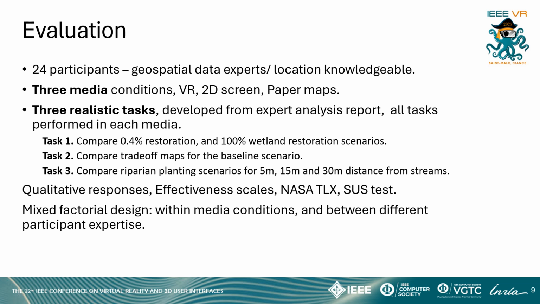The tasks were to compare 0.4% and 100% wetland restoration scenarios, to compare trade-off maps for the baseline, to compare riparian planting for 5 metre, 15 metre, and 30 metre from streams. Qualitative responses were collected from the post-study questionnaires and audio recordings. Quantitative measures were raw TLX and SUS score.